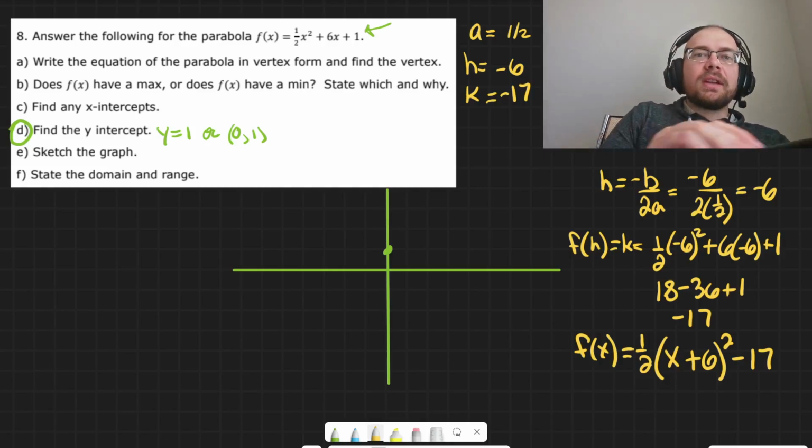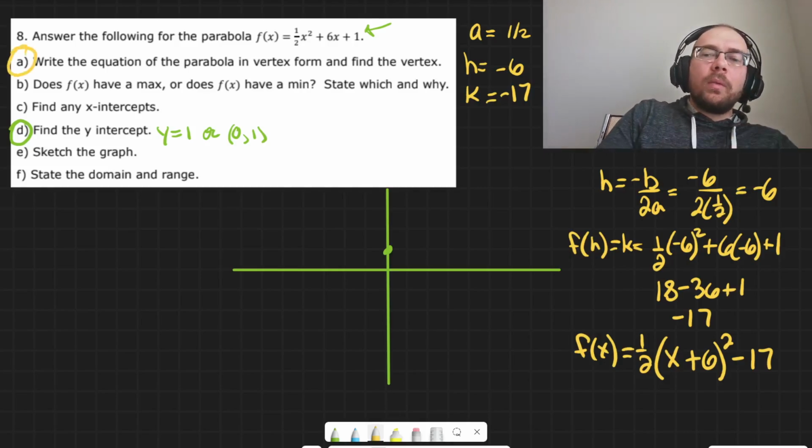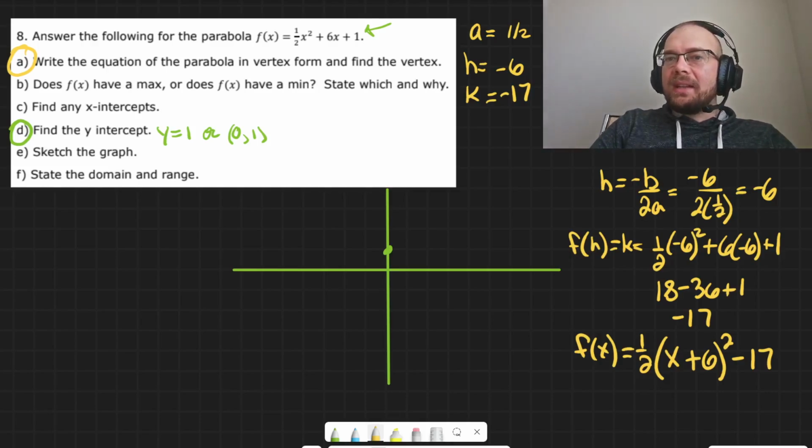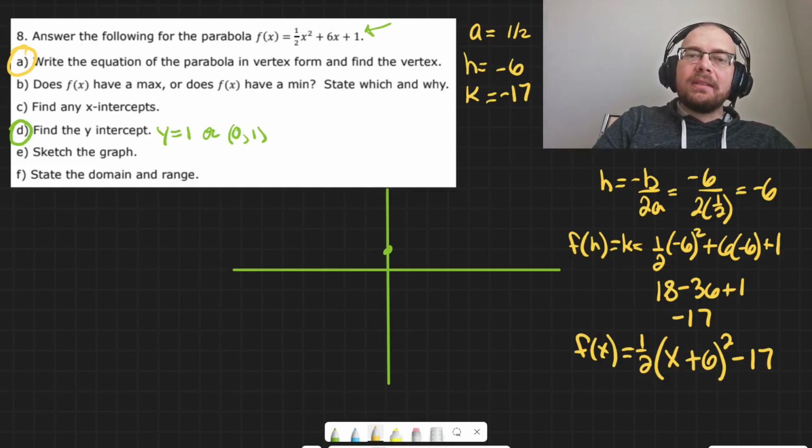So there's vertex form, which means we know the vertex. The vertex is negative 6, negative 17. Now, I didn't quite plan for that to be so far down there, so we'll just say that it's way down here somewhere, and we'll just leave it at that.